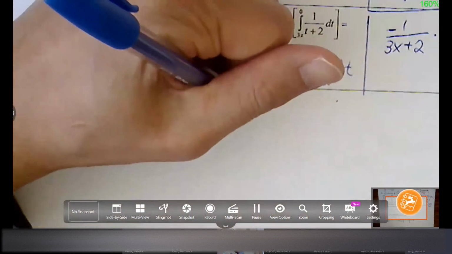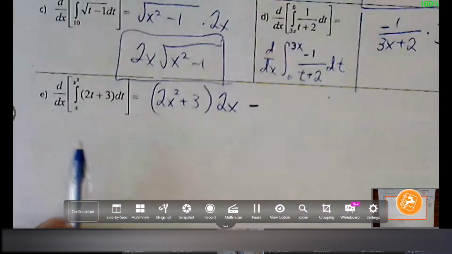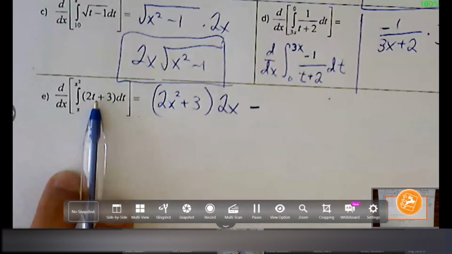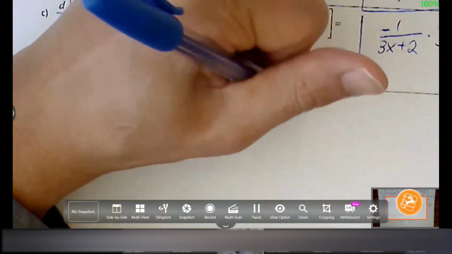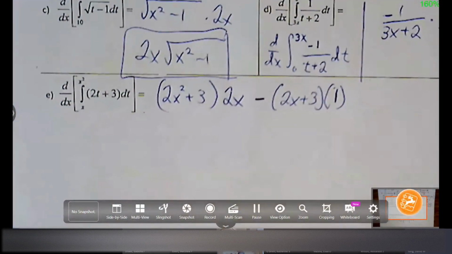My lower bound is not going to go away because it's also a variable, so I'll put a minus, and I'll do the same thing with my lower bound. My lower bound will look like what? 2x plus 3 times 1. Yeah, so no impact, but I just want us to make sure we are remembering that part of the process.